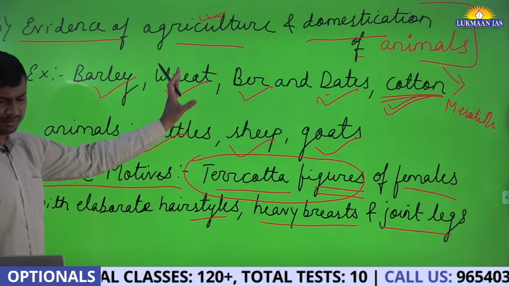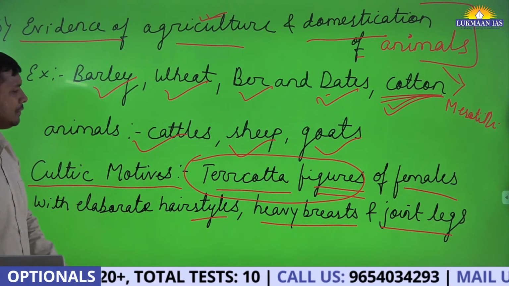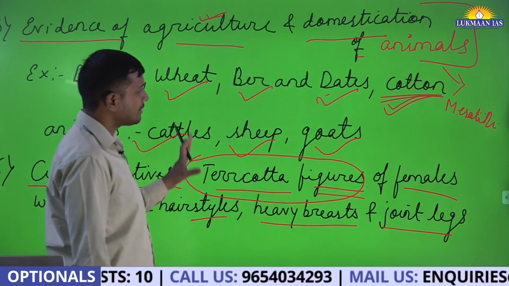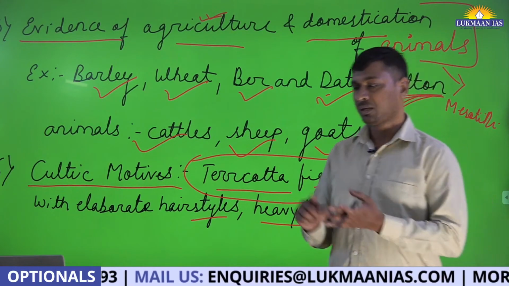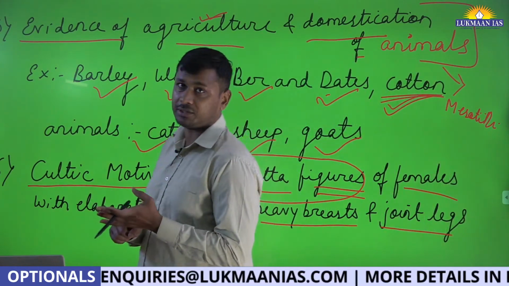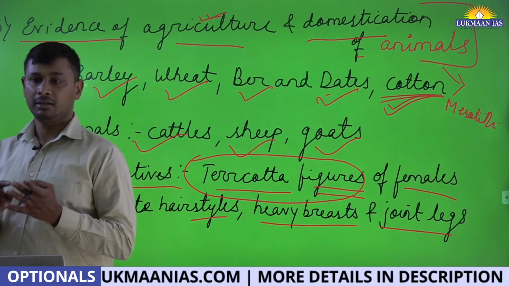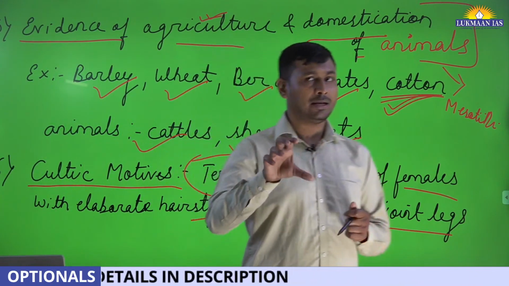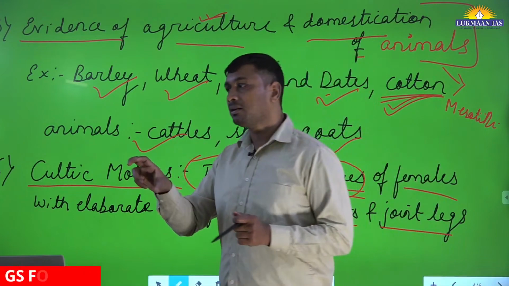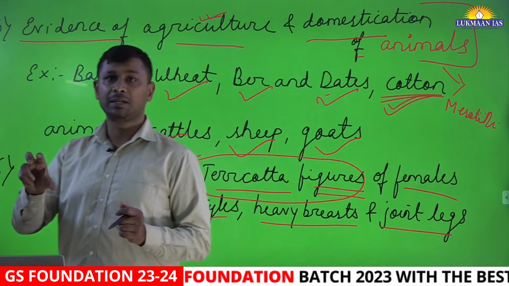So these are some of the features associated with the site of Mehargarh. What all of you have to remember? First of all, its geographic location, where it is situated. Apart from that, certain other features you have to write down. What kind of settlement pattern, what kind of tools have been found.